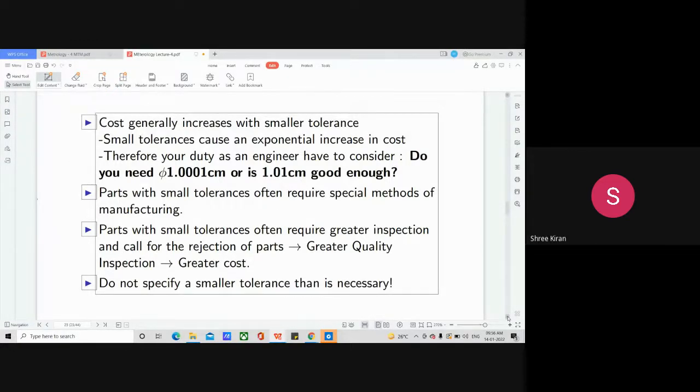So the production cost will be high, and when the production cost is high, the cost of the product also drastically increases.